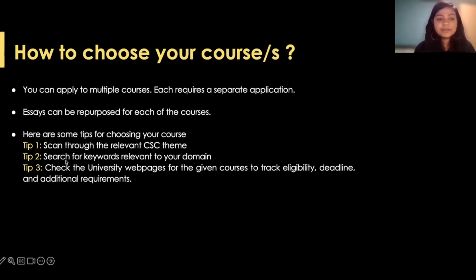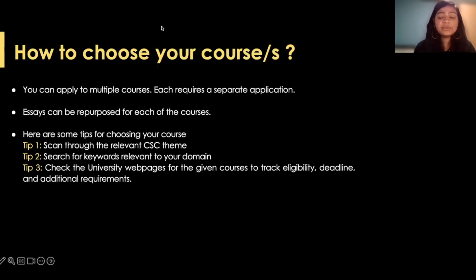Some quick tips for choosing your course include scanning through your relevant CSE themes, searching for keywords relevant to your domain. Most importantly, though, check your university web pages for each of these given courses to track the eligibility, the deadline, additional requirements, but also to understand the sort of modules that are offered under a certain course, right?